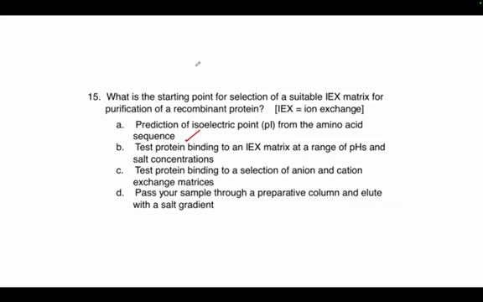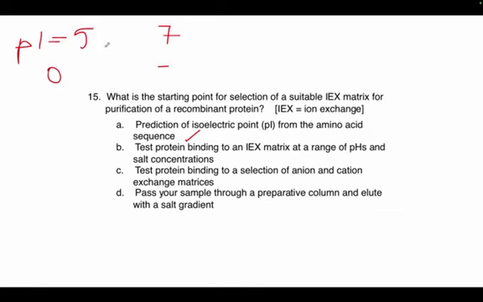So if my protein has a pI of 5, but the pH of my buffer is 7, the question is what charge is it carrying in the pH 7 buffer? It will carry a negative charge.